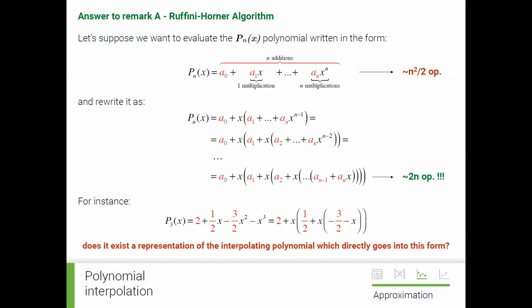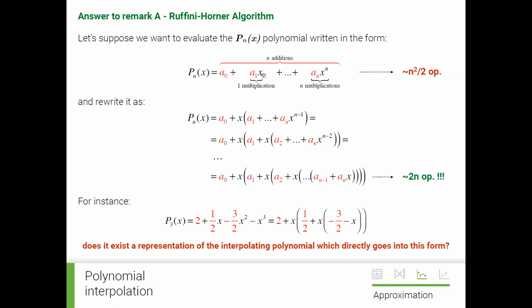This answer is called the Ruffini-Horner algorithm. Let's suppose we want to evaluate the polynomial Pn of x written in the form Pn of x equals a0 plus a1x plus a2x squared, etc., plus an times x to the power n.